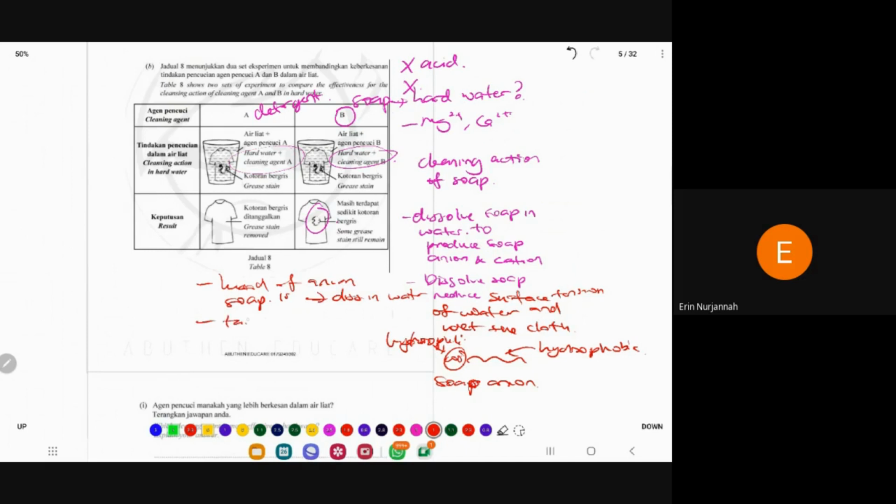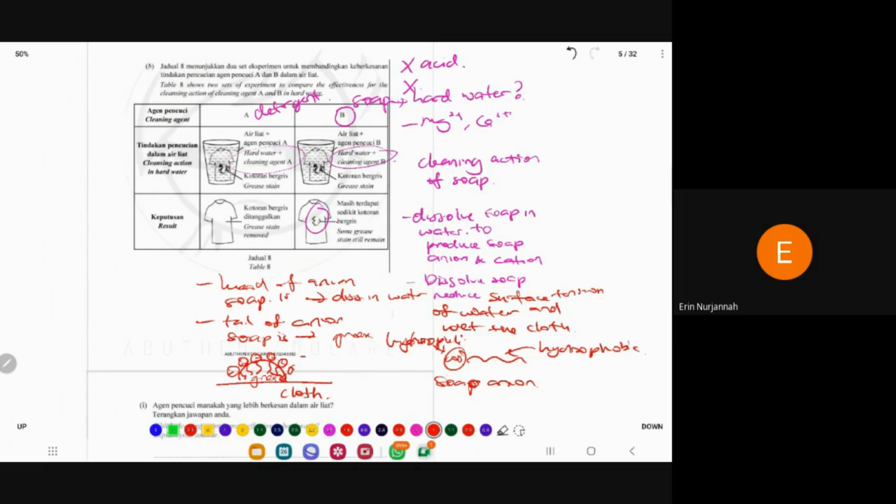And then the tail of the anion soap is hydrophobic and dissolved in grease. And then you can draw. This one is grease. This is your clothes. So what will happen?